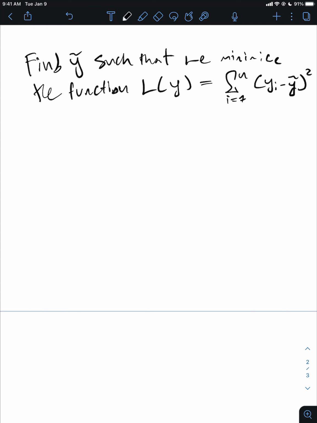And so we want to first start by taking the derivative of this function.